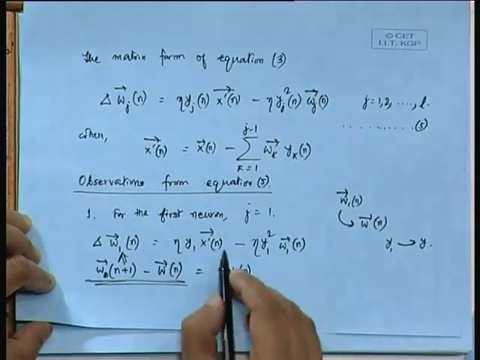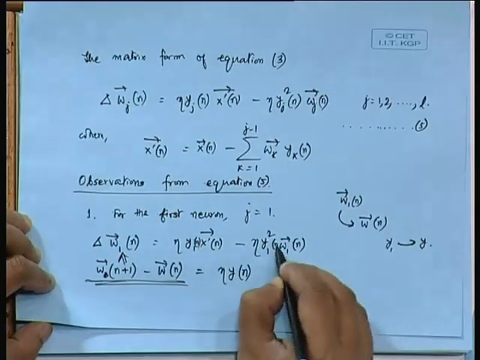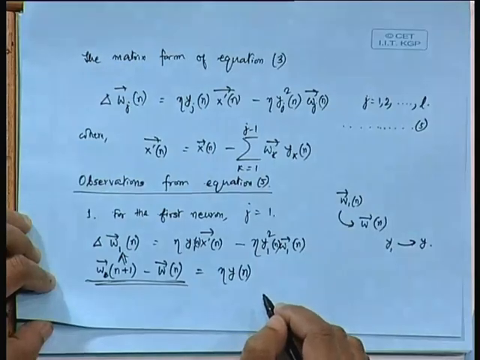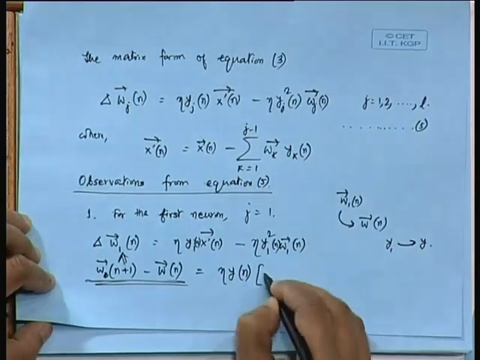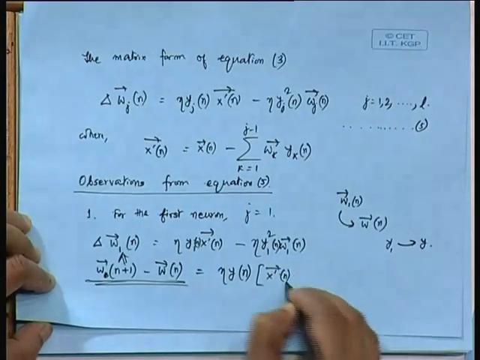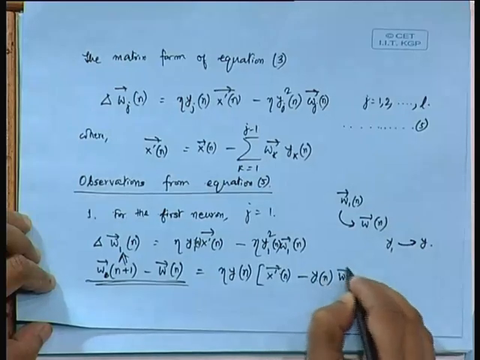So, this whole thing can be written as eta y of n, and then within the bracket we will have x prime of n minus y n w n.